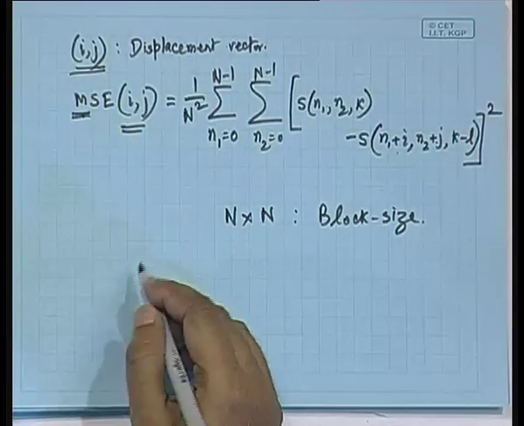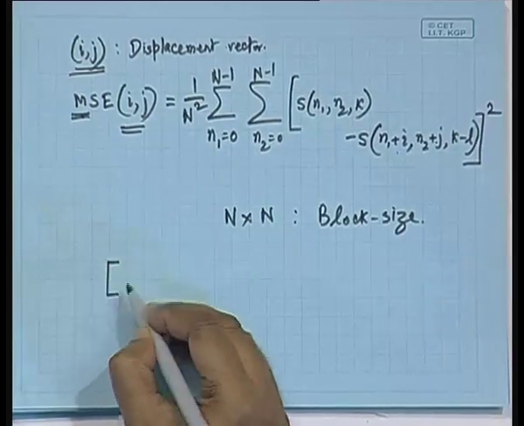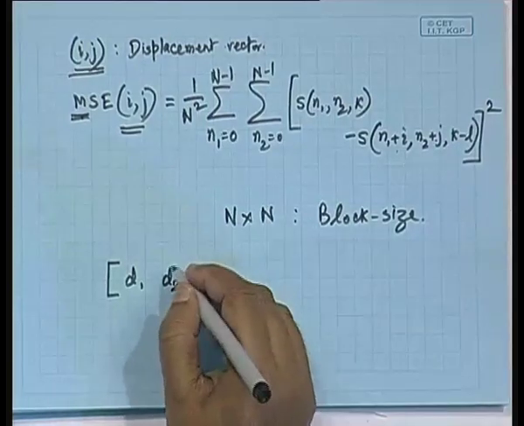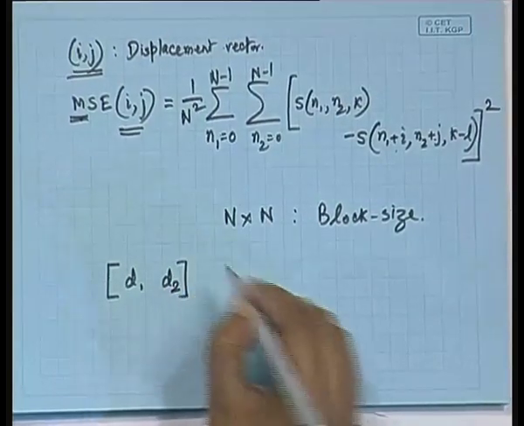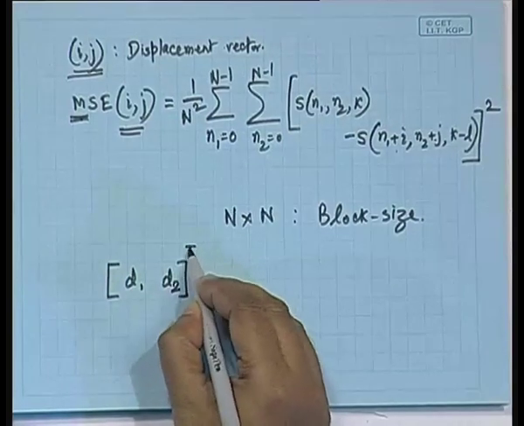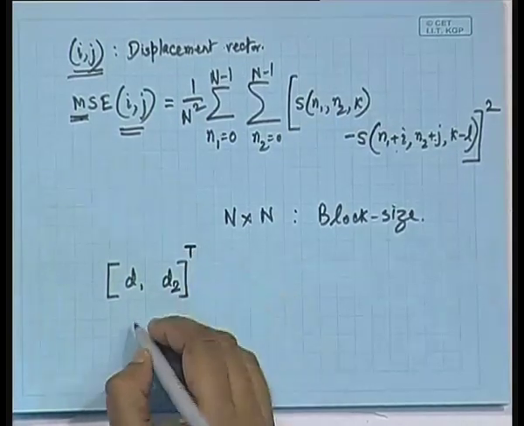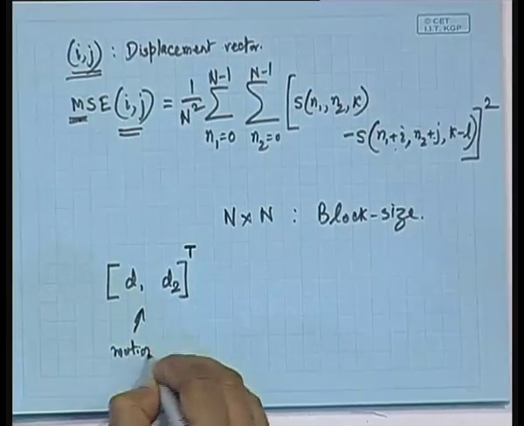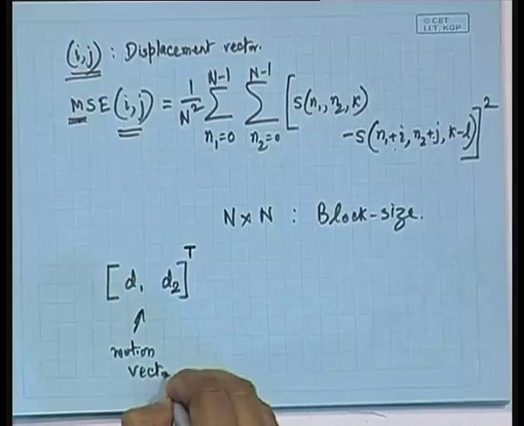Okay. So, to do that, we consider d1 and d2 to be the displacement vector, or rather the motion vector. So, this is the estimated motion vector, and how is the motion vector defined?